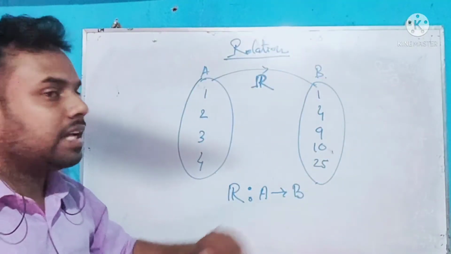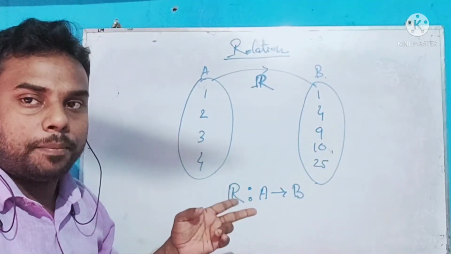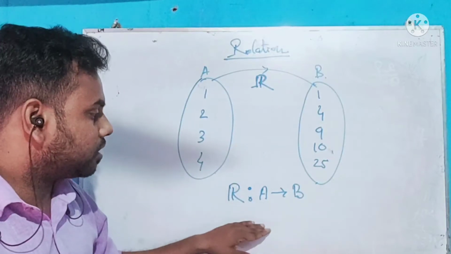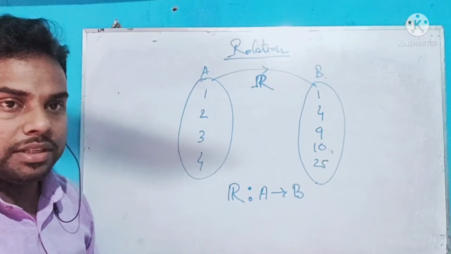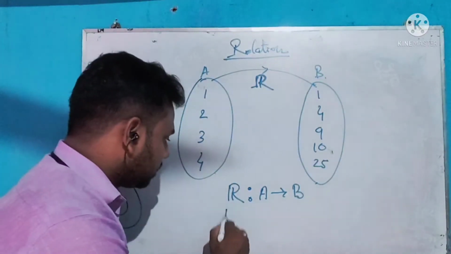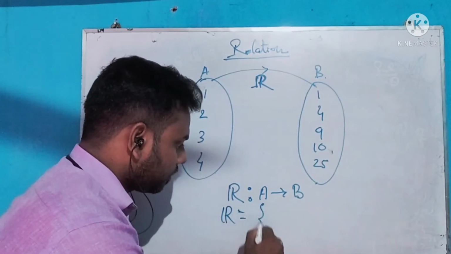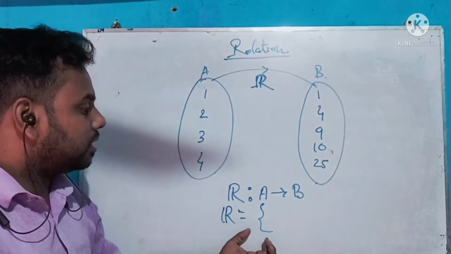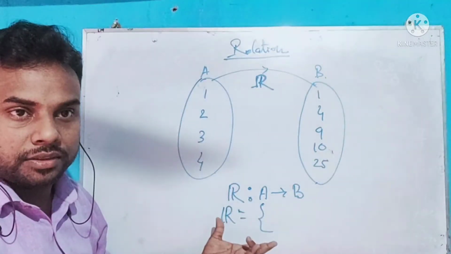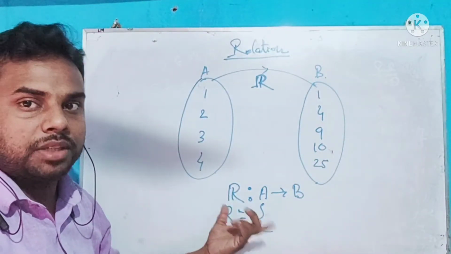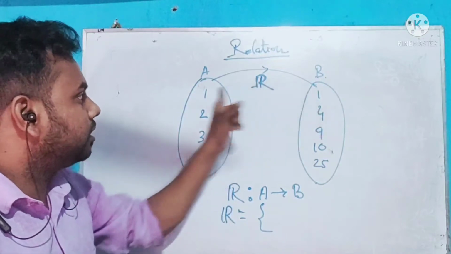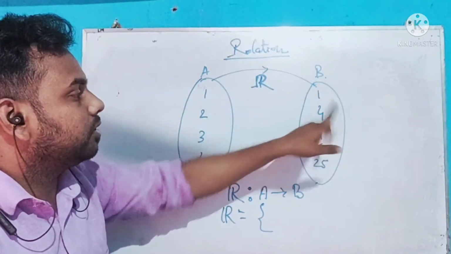The relation can be written in two forms: one is roster form, another is set builder form. Here I represent this R set. The elements of the R set must be ordered pairs, because each element is related to another element.